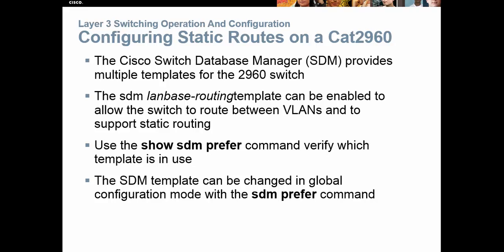You would use the show sdm prefer command to verify which template is in use. The SDM template can be changed in global configuration mode with the sdm prefer command. You do need to use the sdm prefer command in order to allow your devices to use IPv6 addressing.